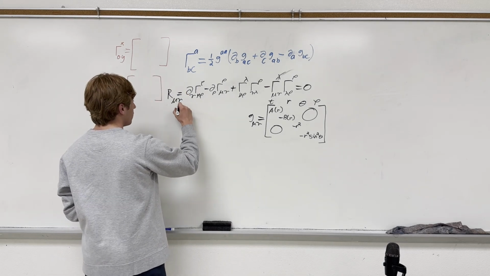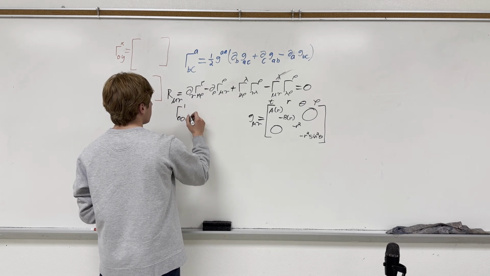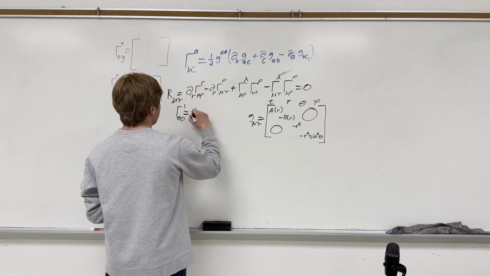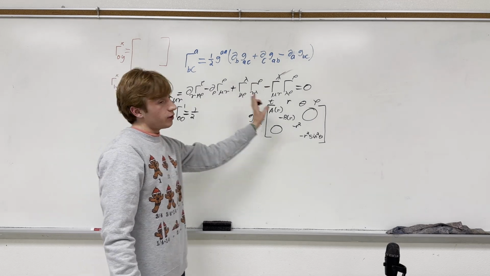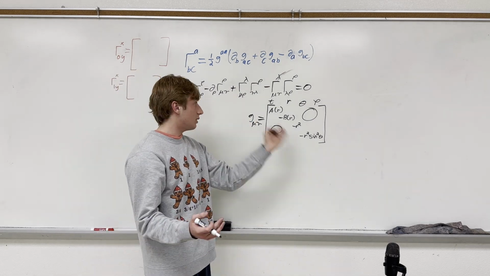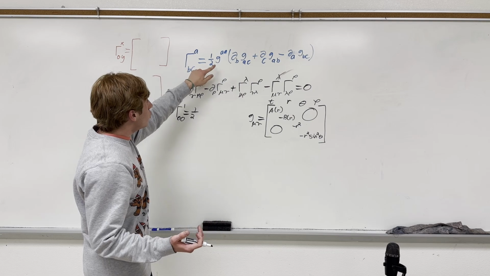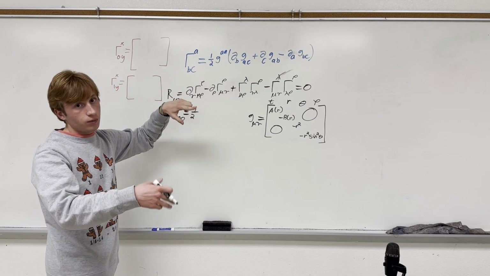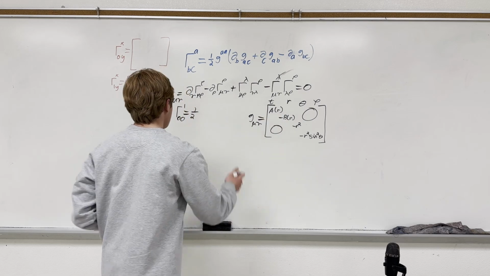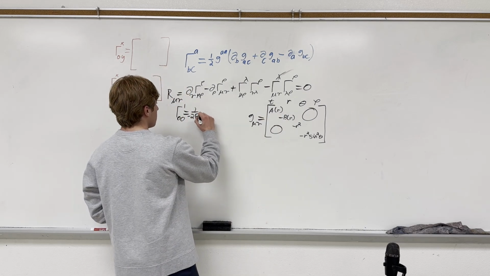We're going to start with gamma of 1, 0, 0 right here. And we see that we have 1/2. Then the inverse of our metric is just going to be 1 over each of the components, since it is completely diagonal. So we have g a a, where a is 1, so we're just going to take 1 over our first component. So we have 1 over negative b, so negative and then b.